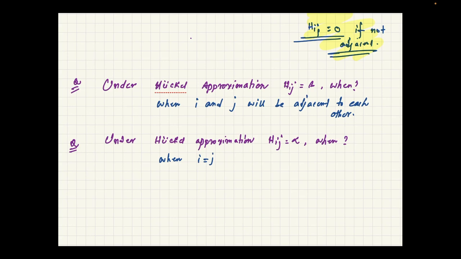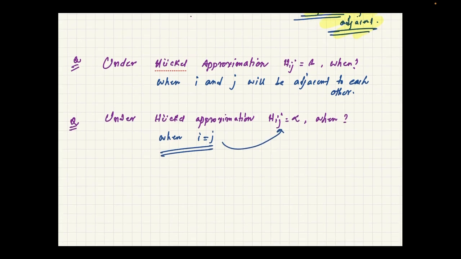Okay, that means it is the self energy, like the energy of the atomic orbital i. When i is equal to j, then Hij will be equal to alpha.